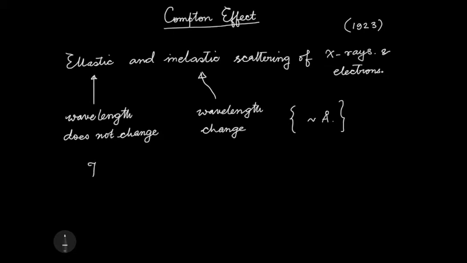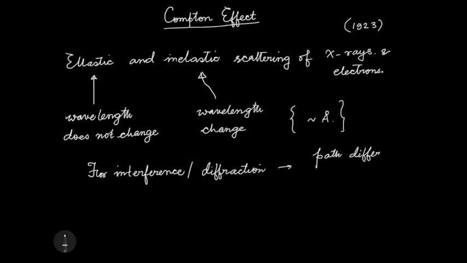So for interference to be seen, and you remember diffraction is also a type of interference, the path difference has to be of the order of the wavelength of the wave of which you are trying to see the interference or diffraction.